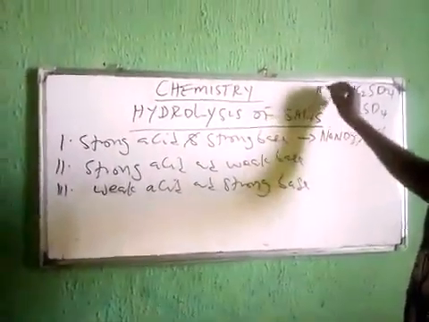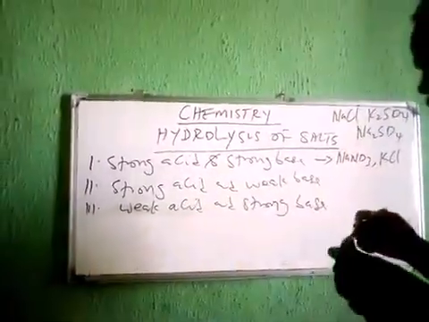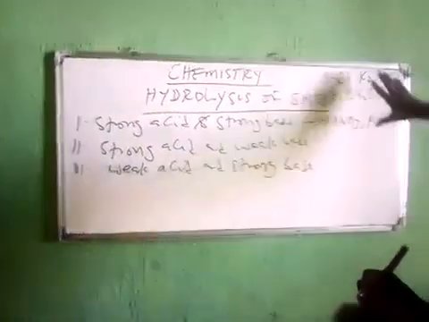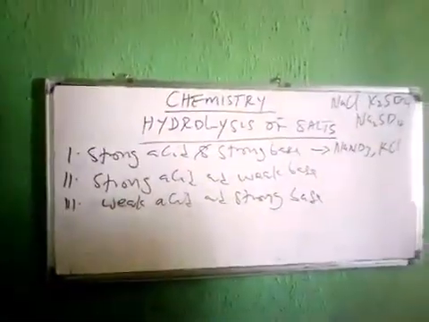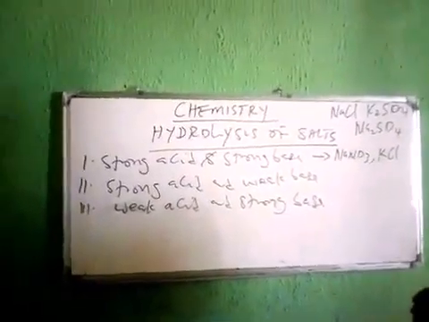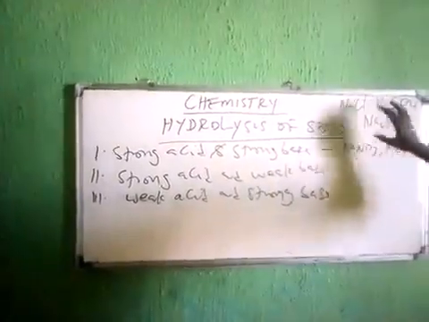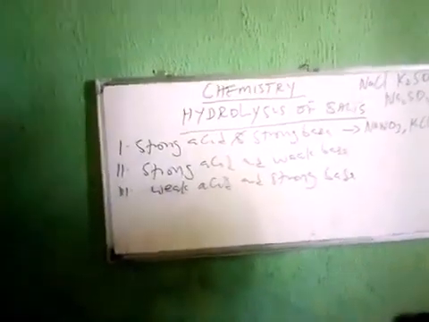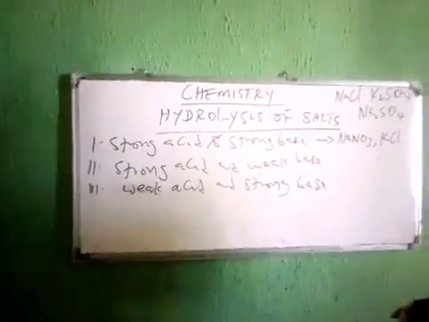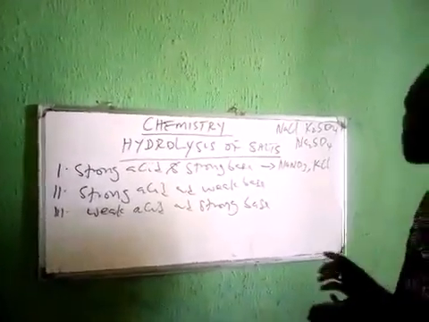They are salts formed from strong acid and strong base. When you dissolve this type of salt, they have no effect on litmus paper, and their solutions are neutral.